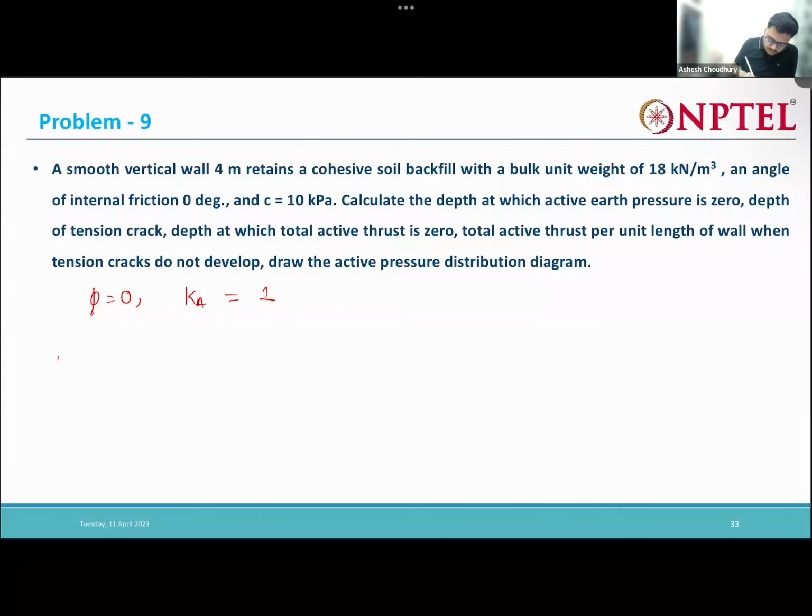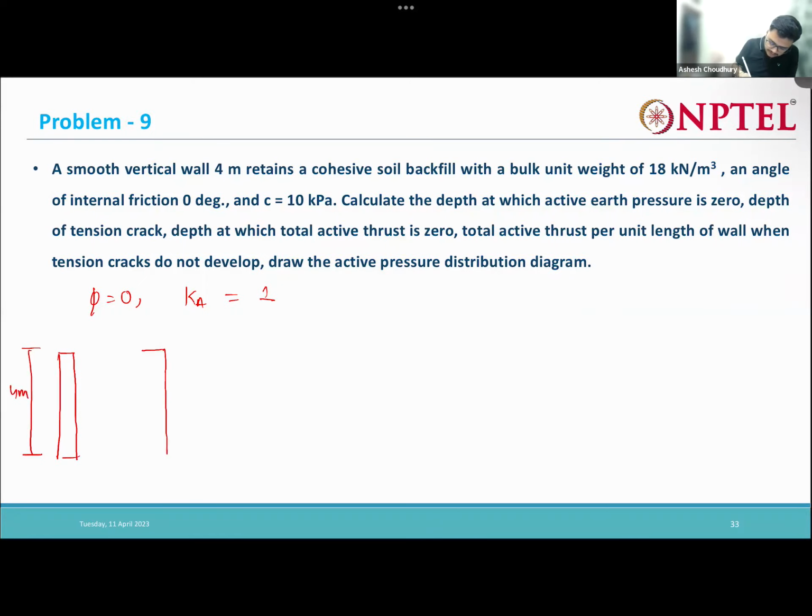Now, see, this is my diagram. This is my wall. This is 4 meter height. Now, since some C value is there, how will be the variation of my active earth pressure? It will be something like this.